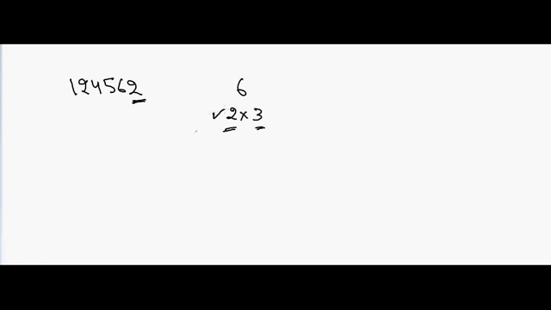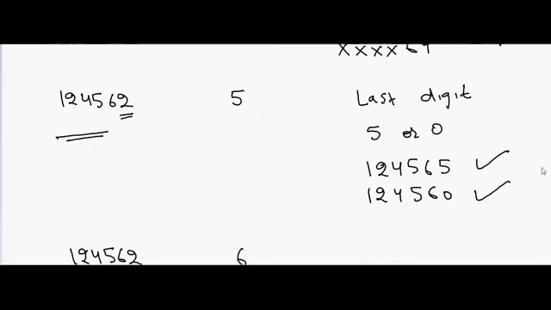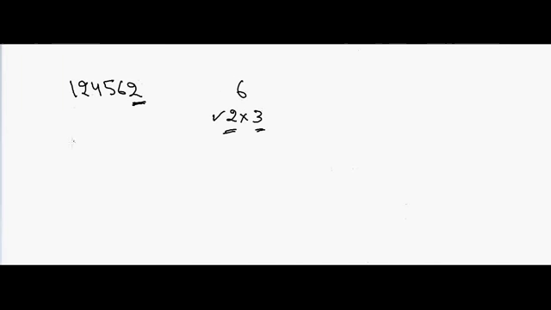So this is okay. But we did the test before and found that the sum was 20. 1 plus 2 plus 4 plus 5 plus 6 plus 2 was 20, and 20 is not divisible by 3. So this number should not be evenly divided by 6.